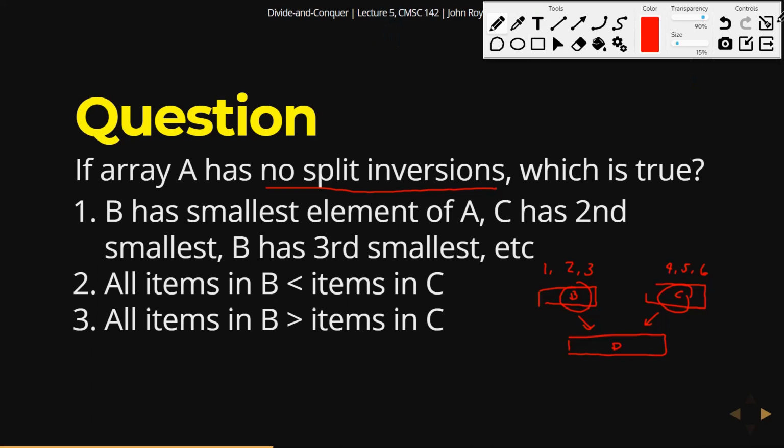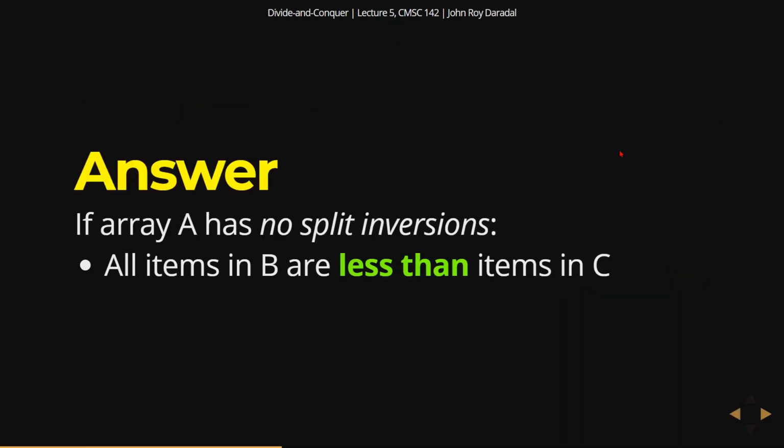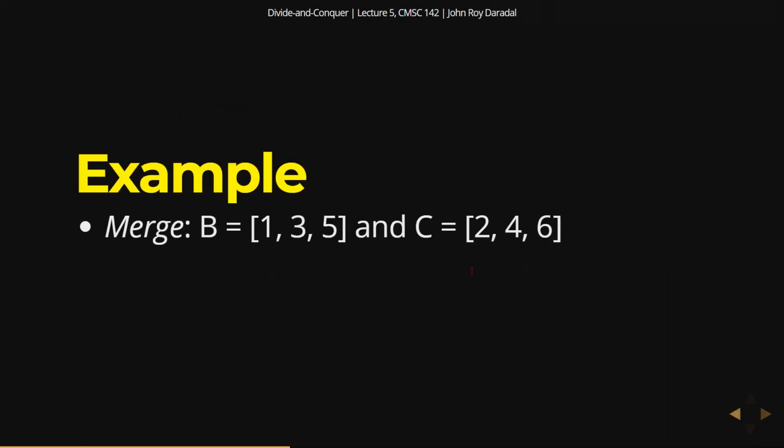So, yeah, all items in B are less than items in C. For example, if we merge 1, 3, 5, 2, 4, and 6, what would happen?